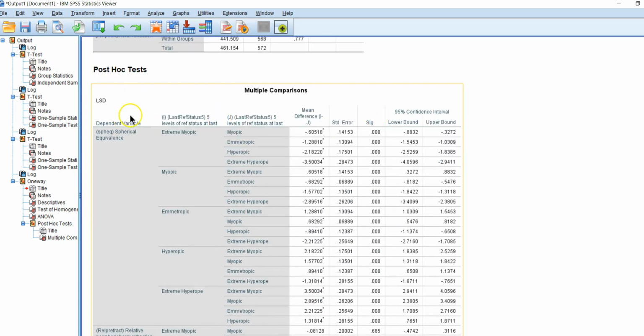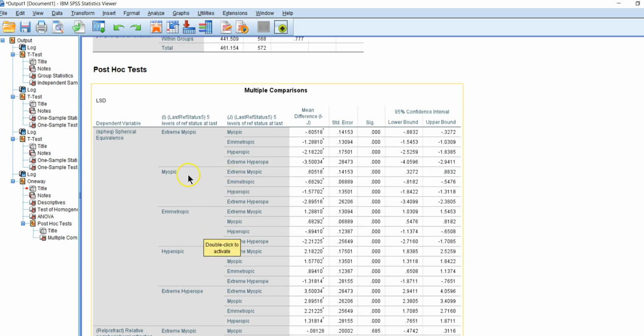And then here are the LSD, least significant difference, multiple comparisons. And the way this works is extreme myope compared to everybody, myopes compared to everybody, emmetropes compared to everybody, hyperopes compared to everybody, and so forth.